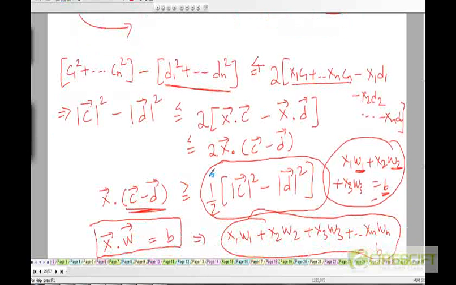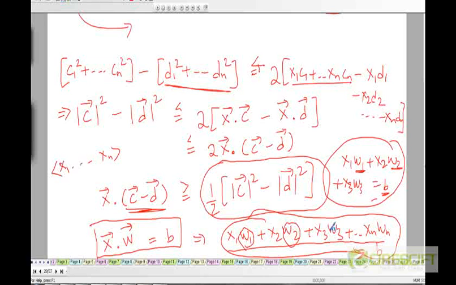So basically, if the test document is going to be closer to the centroid C, this value is greater than B. Because this is x dot w, and the right hand side is B, x dot w is greater than B. So given a test document of the form x1 to xn, we take a linear combination of the components of this vector.